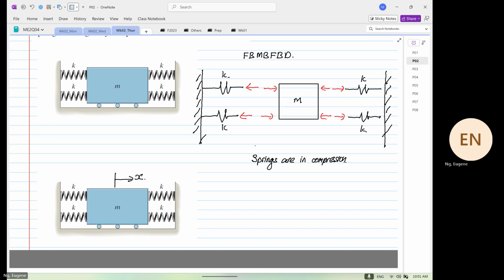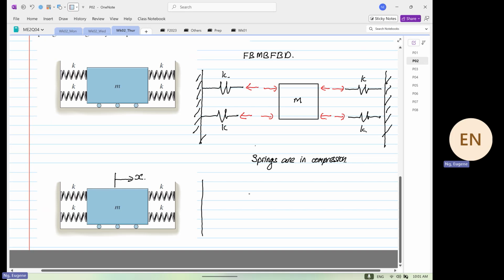Okay. So because the box has moved to the right a little bit, that means the springs on the left are going to be extended, while the springs on the right are going to be compressed even more.